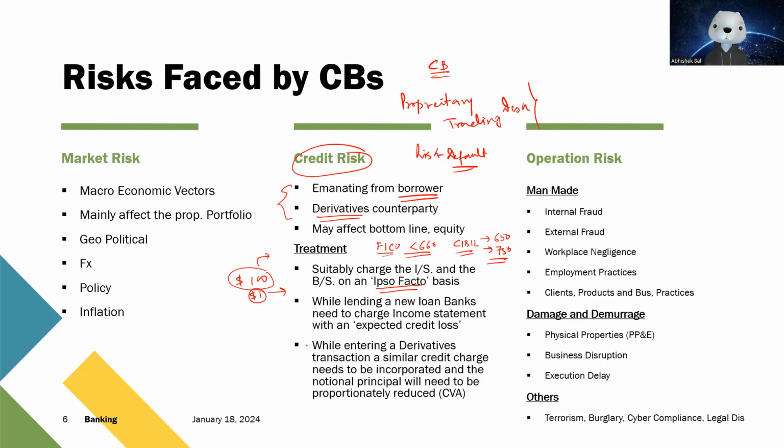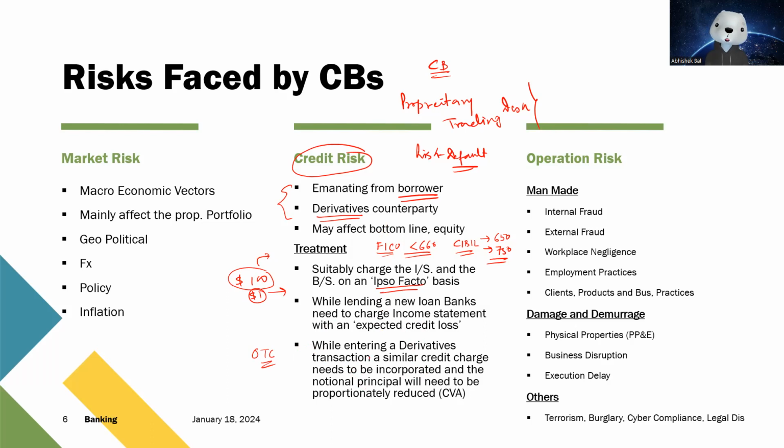Similarly, as we have discussed before, owing to its own proprietary trading desk, the banks may have signed some bilateral contracts, mostly what we call OTC contracts, owing to which the banks may face some sort of default risk from the counterparty.